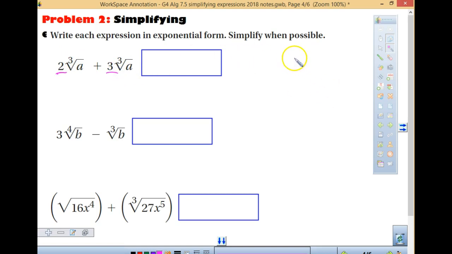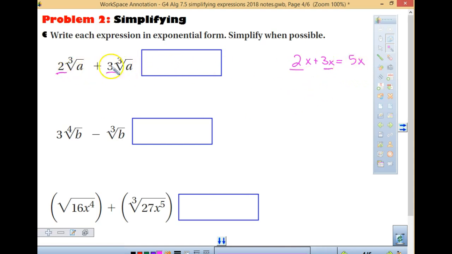I want you to think back as if you were adding 2x plus 3x. 2x plus 3x is 5x, right? You add the 2 and the 3, adding like terms. You've done this. This is way back at the beginning of the year. Adding like terms, okay? So we get 2x plus 3x gives us 5x.